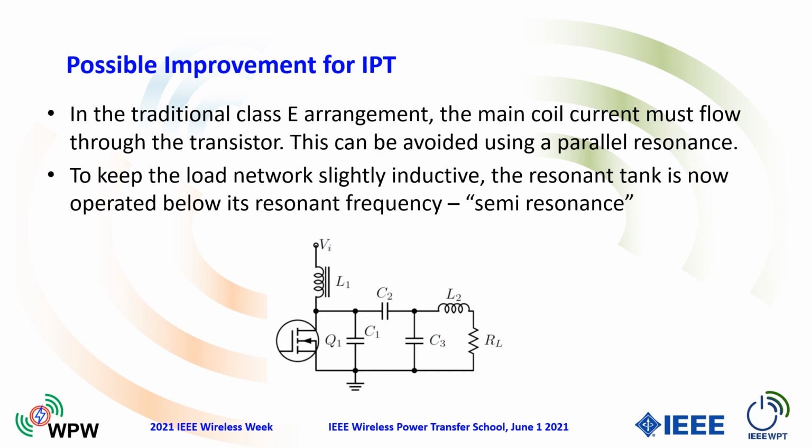So this parallel resonance here of C3, not operated at resonance, we still maintain that branch of C3, L2 and RL as looking slightly inductive here. But it does mean that we get a substantial fraction of the current of L2 being conducted by C3 and therefore not having to go back through the rest of the circuit and be conducted through Q1. It's an efficient way of using the semiconductor.